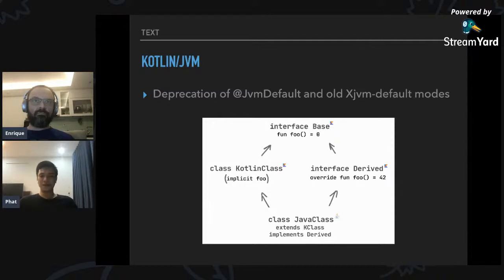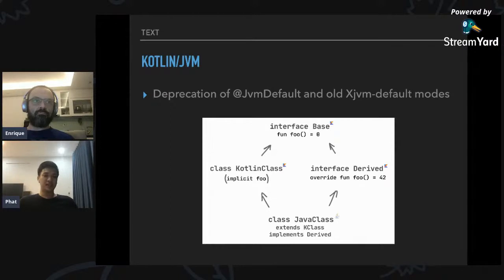For example, we have the interface Base here, which supports the default method foo that just prints out the value 0. But for the Kotlin class that implements interface Base here, we don't do anything because we already have the foo function with the default one returning 0, right? We also have another interface that implements Base here, but wants to change the return value to 42.